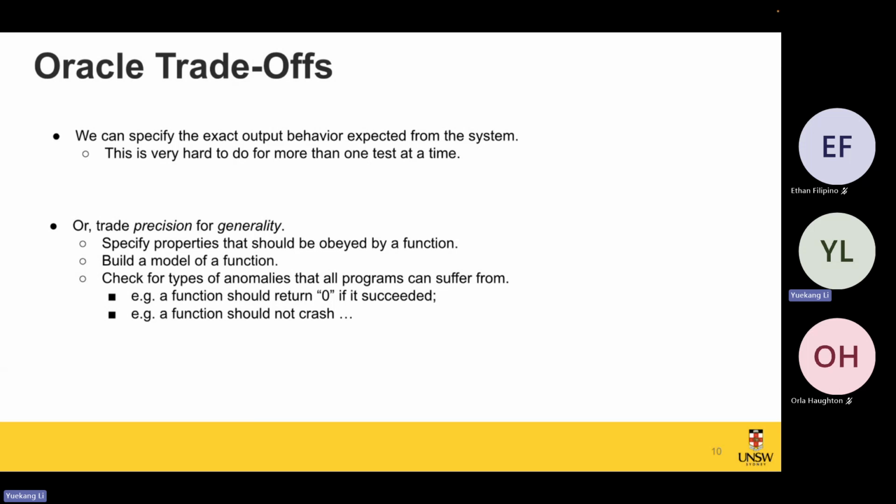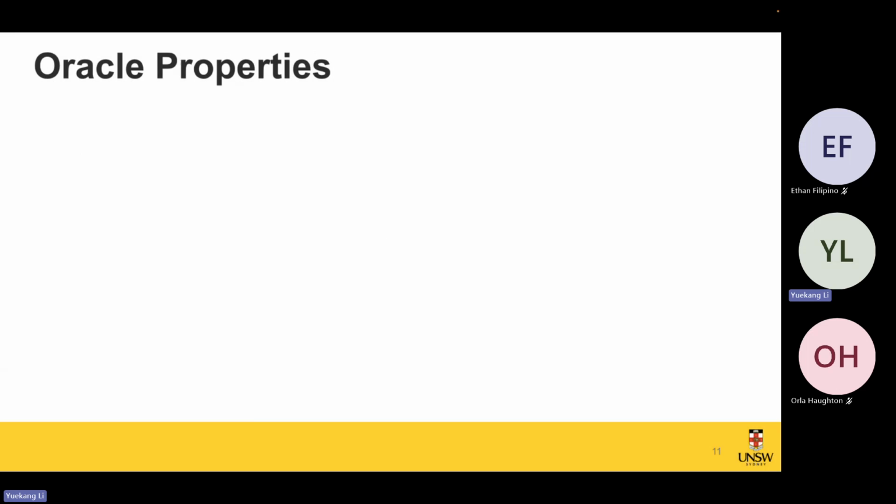So can we think about some actual properties that we need to balance for these test oracles? There are several properties related to test oracles, and there are basically three concepts here. A test oracle is complete if it can offer a verdict for any set of test inputs.